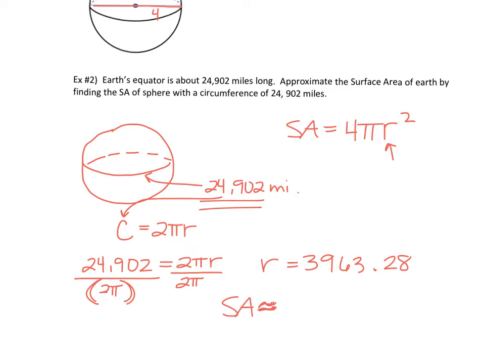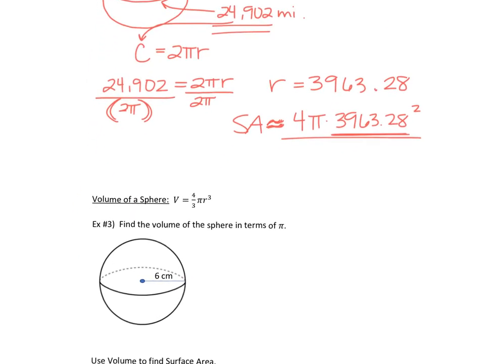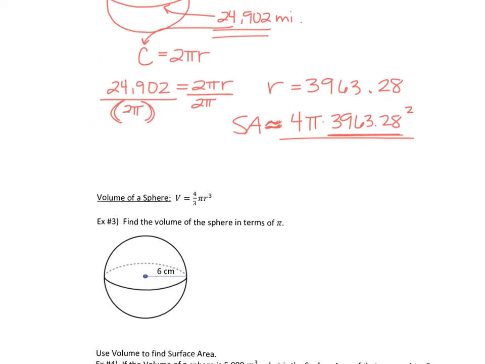So the surface area would be 4 times pi times 3,963.28 squared, okay? And because we're rounding, we already rounded here, you can just plug all of that in. So 4 times pi times 3,963.28 squared is a very large number.